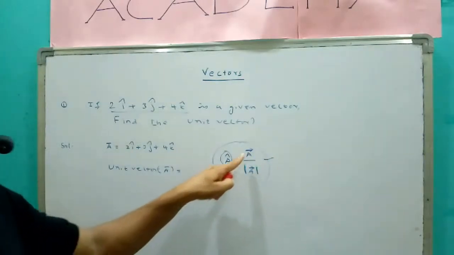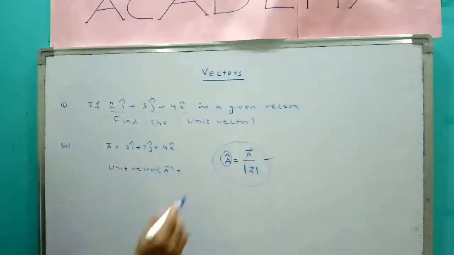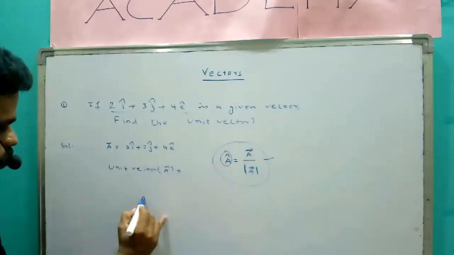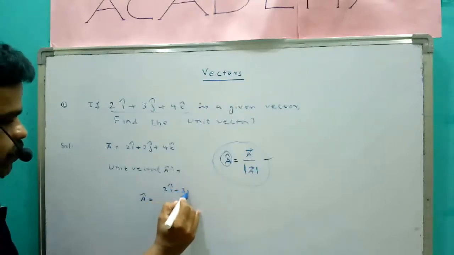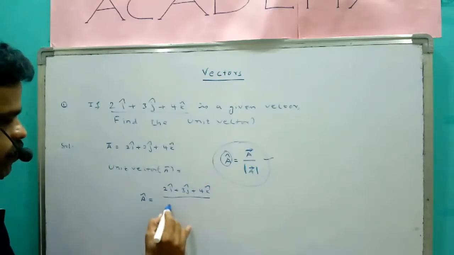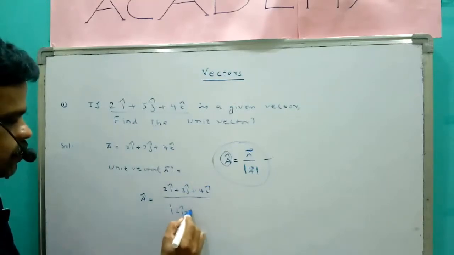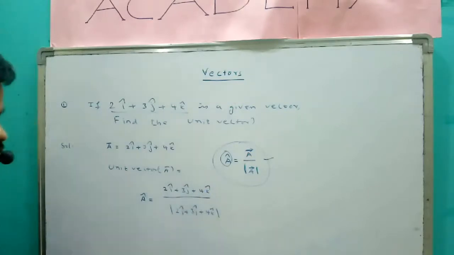So unit vector equals vector A by modulus of vector A. Here vector A is 2i plus 3j plus 4k, divided by the modulus of this vector.